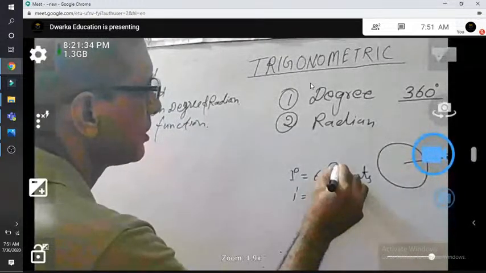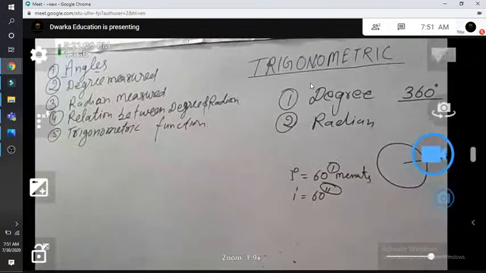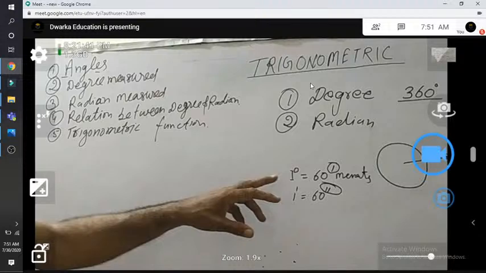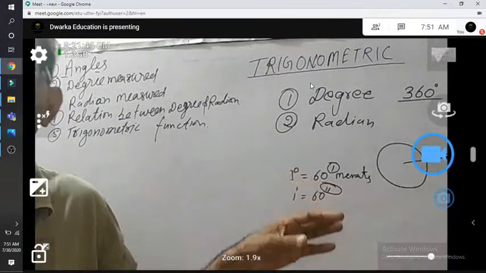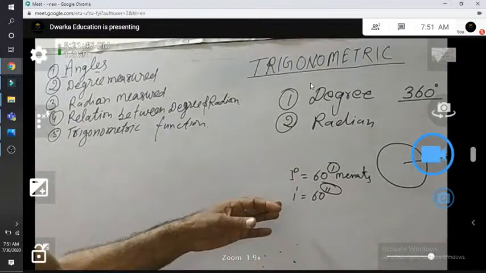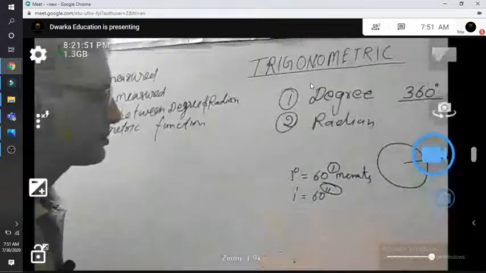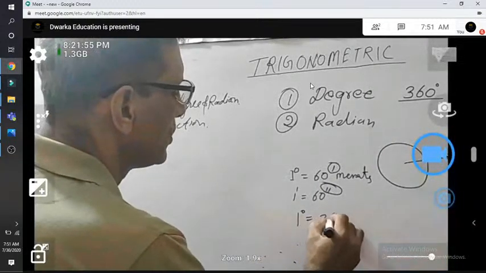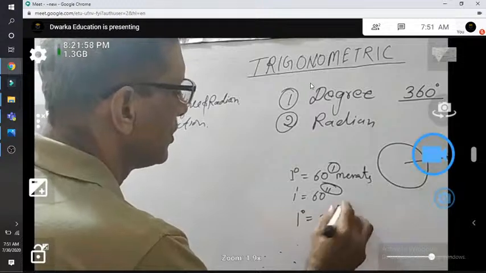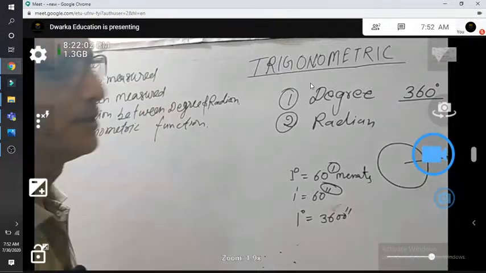This is the symbol of minute, and this is the symbol of second. Note it very carefully. In angle, 1 degree is equal to 60 minutes, and 1 minute is equal to 60 seconds. In other words, 1 degree has 3600 seconds.